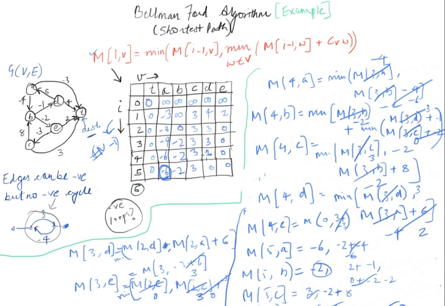Another thing that I would like to mention is that to check whether this graph has any negative cycles or not, or to check whether this solution is right or not, we can calculate the same values for the 6th iteration and see if these come out to be the same as above.